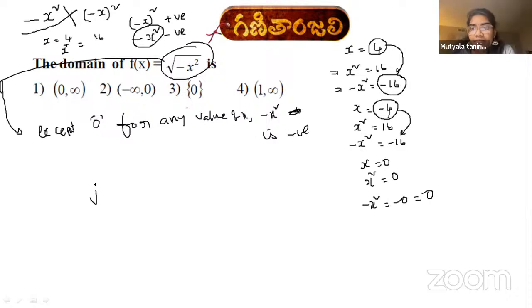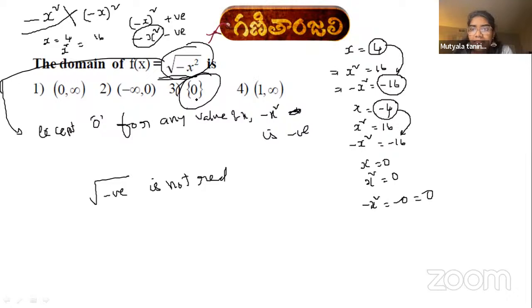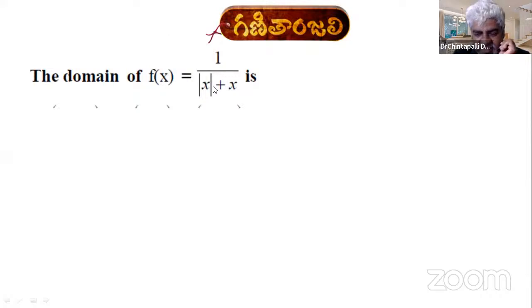And under a square root, a negative value is not real. So the domain of this function is only 0, the singleton 0. Except 0, if you write anything, it becomes the square root of a negative, which is undefined, not real. So the domain of this function is singleton 0 only, right?